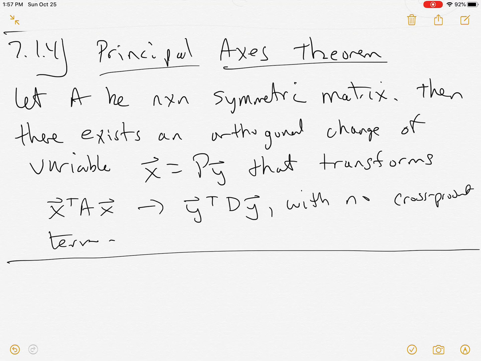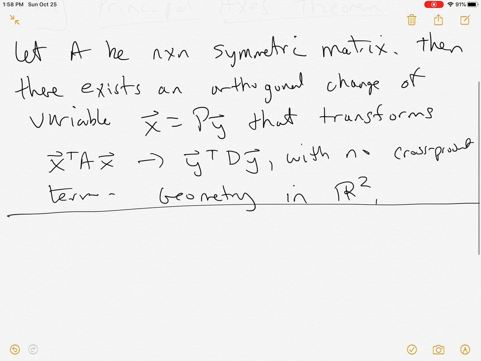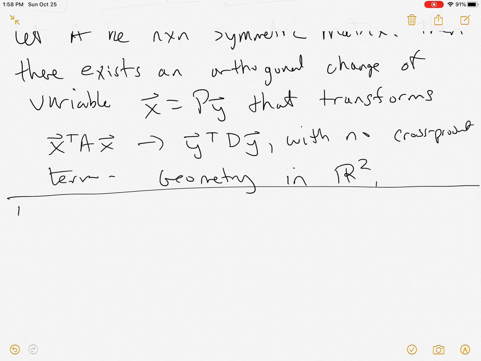Okay, so here's the part I'm going to try and get really nice here because it's hard. There's a geometry that goes with this, at least in R2 and R3. R3 is really hard to see because we're doing everything by hand, but R2 is cool. So let's jump right into this.